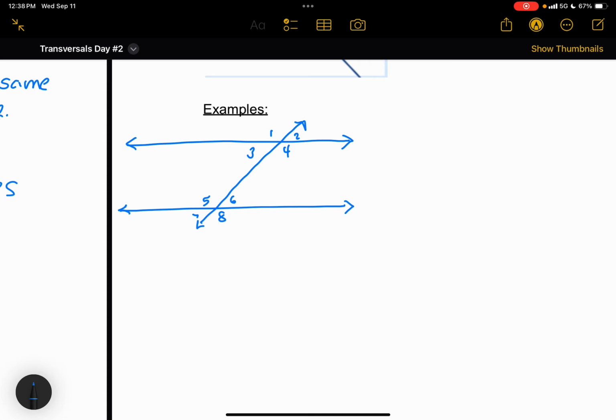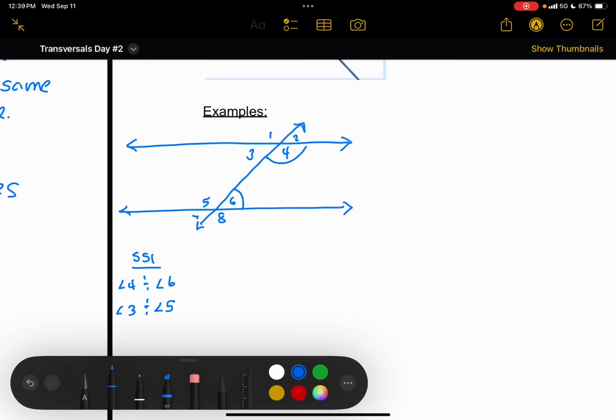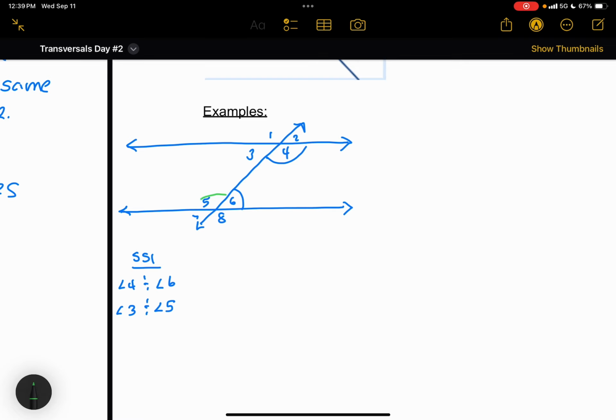All right, we are looking at same side interior angles first. So same side interior angles, I have angle 4 and angle 6, angle 3 and angle 5. So 4 and 6, and then 3 and 5. Okay?